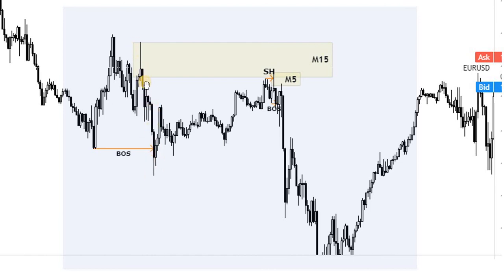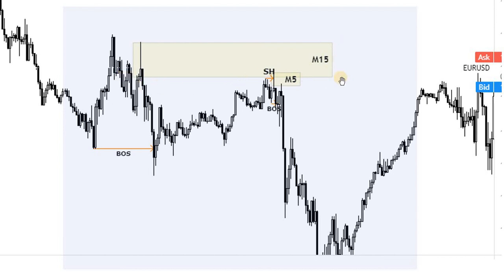You can see how price spent little time getting to this level, and you see the time that price spent going back. So by the time you see this move, this is what we call compression. When you see compression like this, then you begin to be more confident that price will most likely react from the zone.